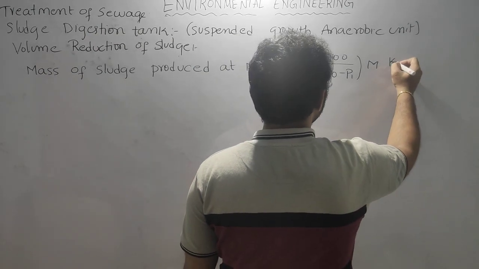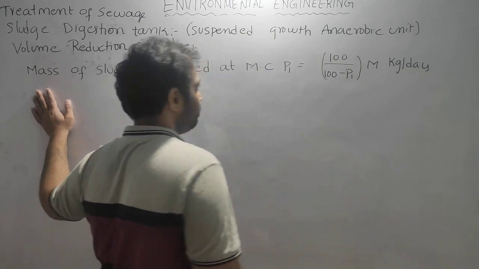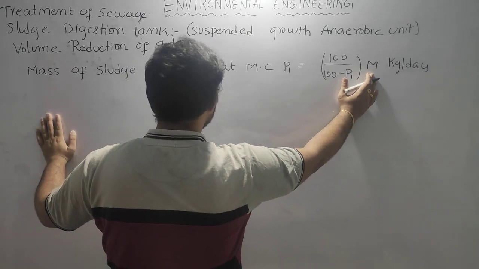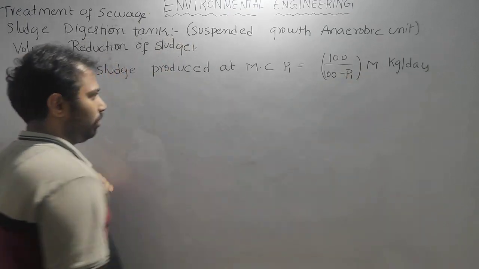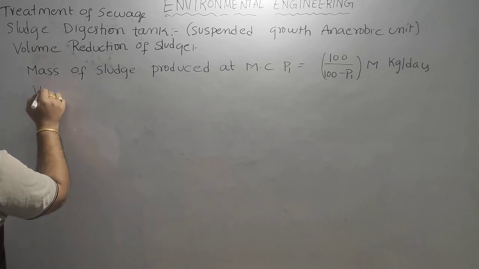Now what is the volume of this? This is the mass of the sludge produced when m is the mass of the dry solids. So what is the volume of the sludge at moisture content P1?